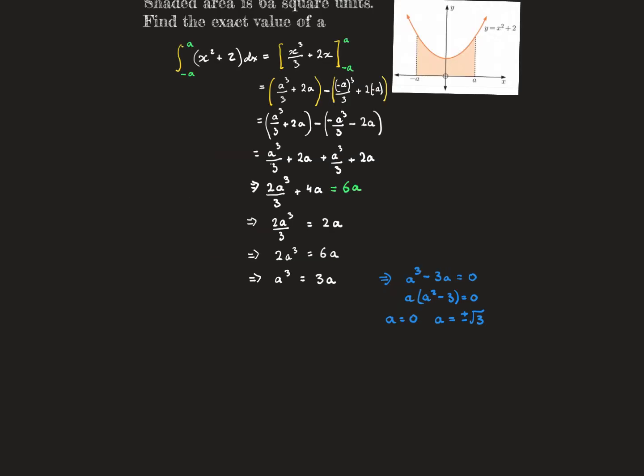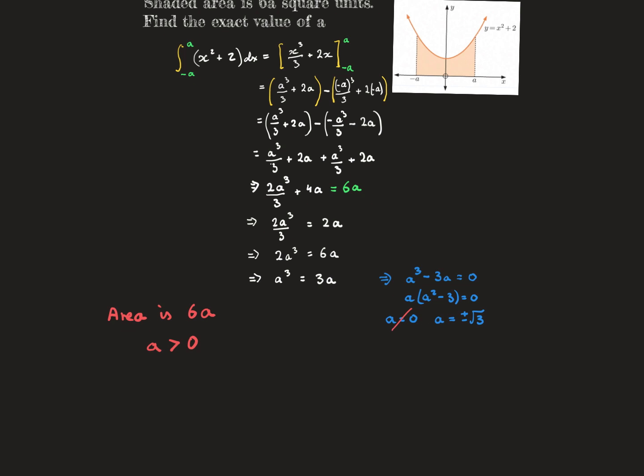Now the question specifically asks us to find the a because the area is 6a. So a has to be greater than 0, because area has to be more than 0, it cannot be negative. So we cannot use a is equal to 0, because that will not make any sense.